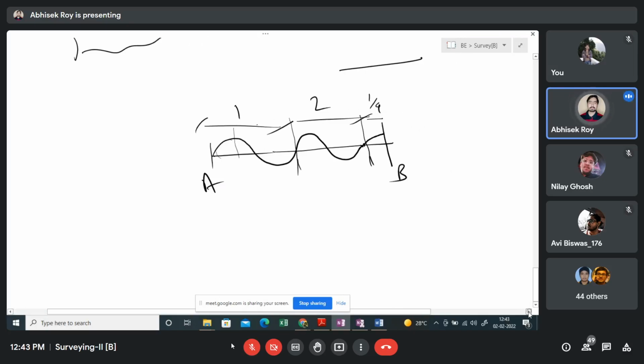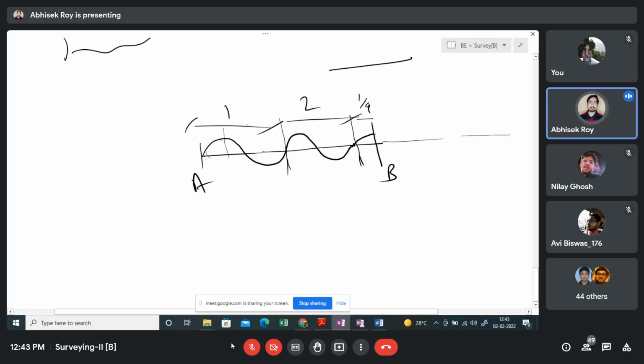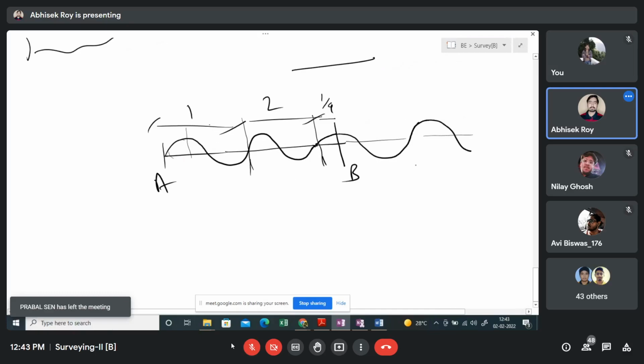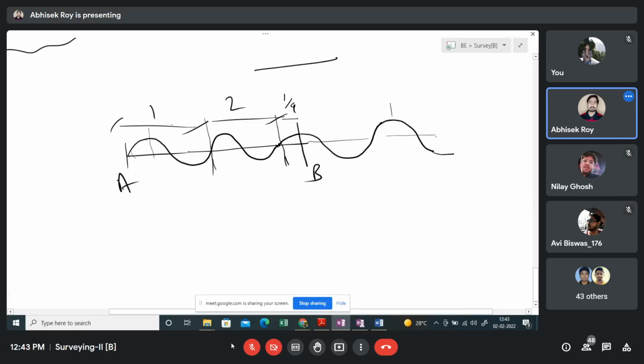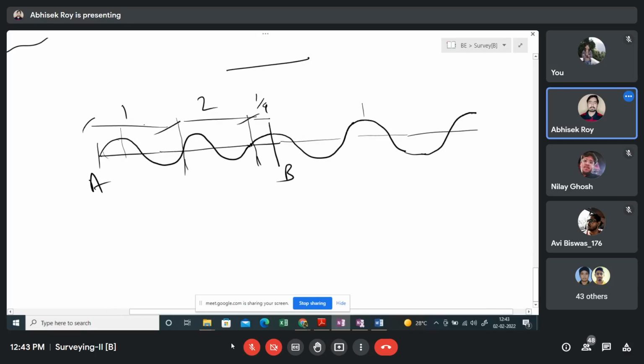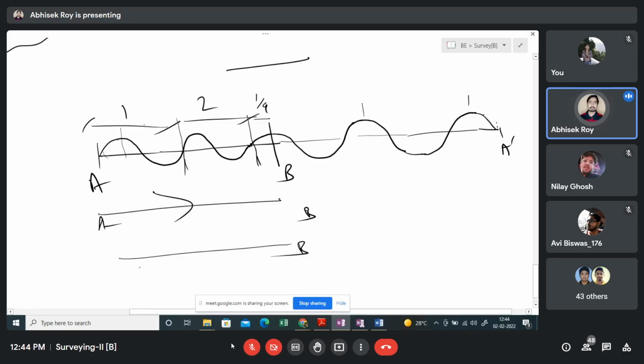Now when it comes back from B to A dashed, how will it move? It will move basically like this. See, this is the A dashed. If I am representing A to B here, and then the wave will move from B to A, I am representing this as A dash.